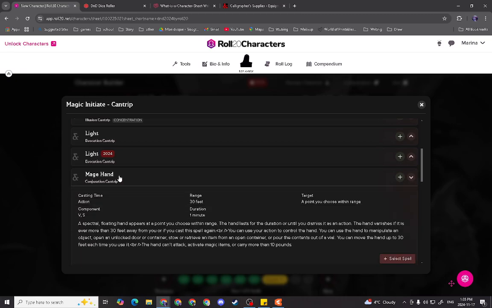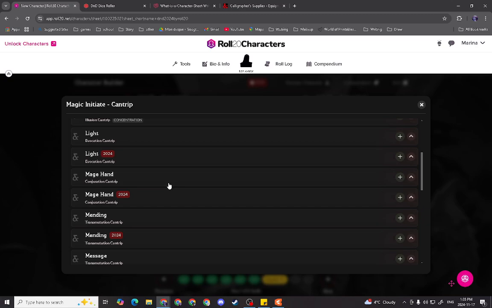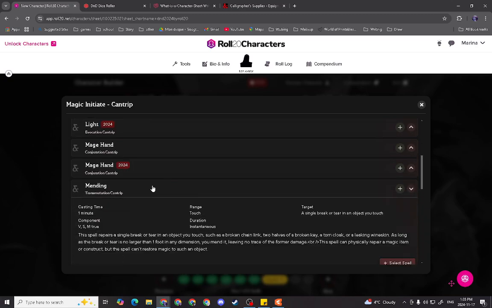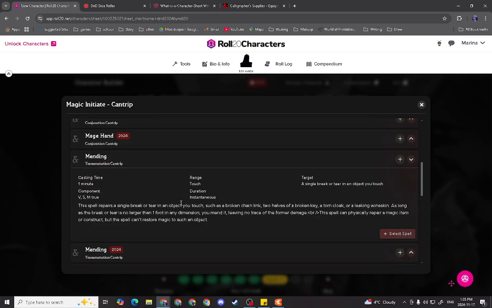Mage hand, which is you create a floating hand. And you can control the hand. You can pick up items, unlock doors or containers, or pour contents out of a vial. The hand can't attack, activate magic items, or carry more than 10 pounds. Mending repairs or breaks a tear in an object you touch, so you have to touch it.